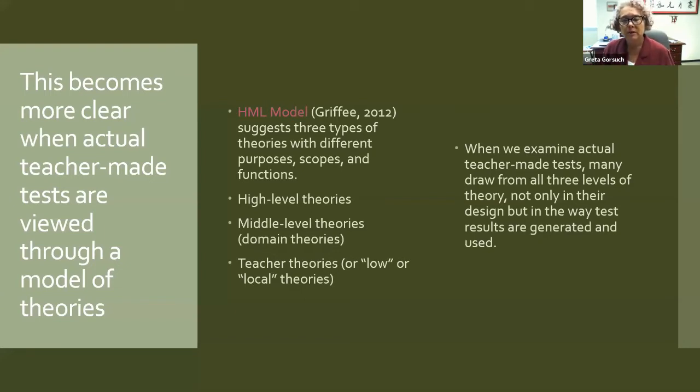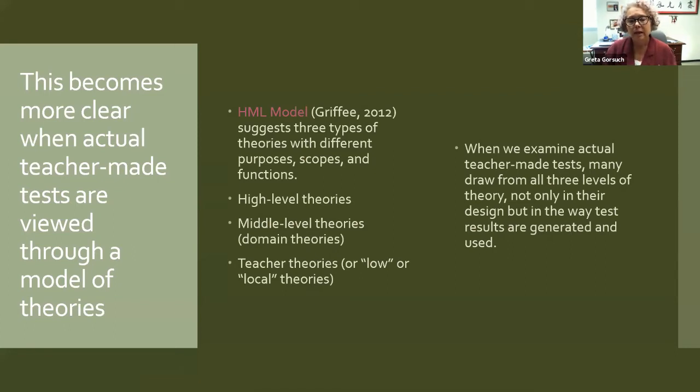I'm basing the rest of this discussion on what's called the HML model by Griffey 2012. HML stands for high, middle, and low. It's just an acronym, and it suggests 3 types of theories with different purposes, scopes, and functions: what they attempt to explain and what they're intended to do.